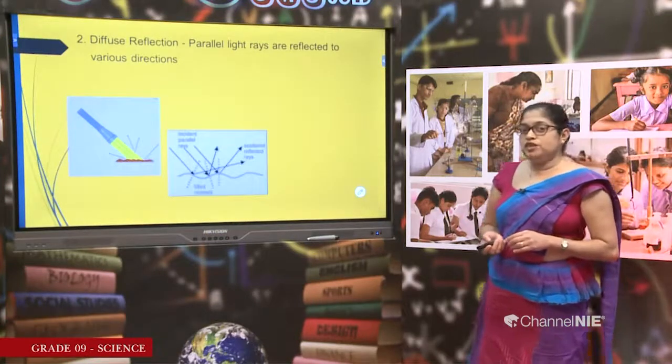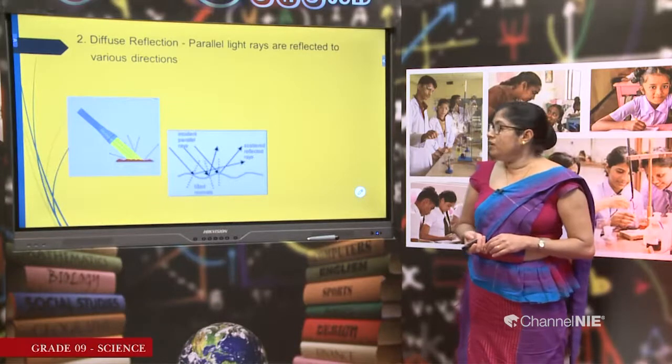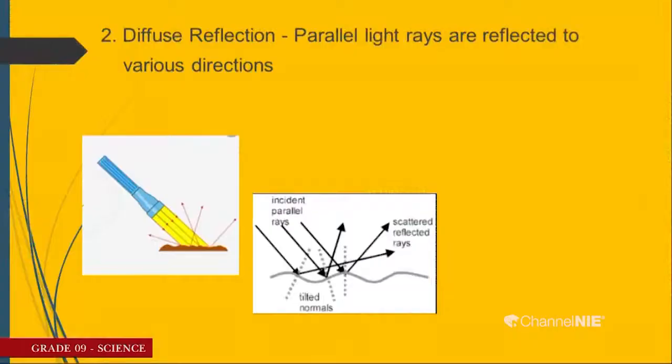The direction to which these rays are reflected depends on the point where they fall. All these rays follow the law of reflection, so you can see these light rays are reflected into various directions according to the law of reflection.